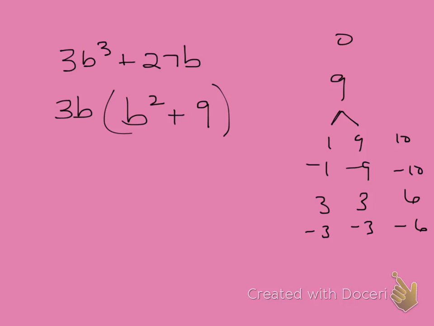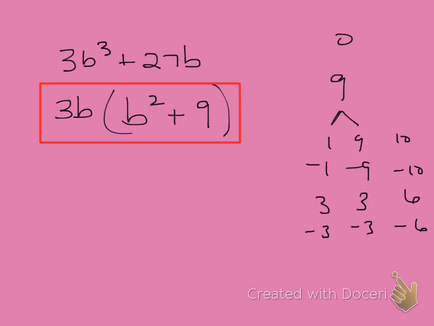But I can't use negative 3 and positive 3 because why? It's not a negative 9. That's where that difference of squares comes in. If this was a negative 9, this would be easy. But since it's not a negative 9, we can't do it. And so since we can't do it, we are done. This is as far as we can go right there.